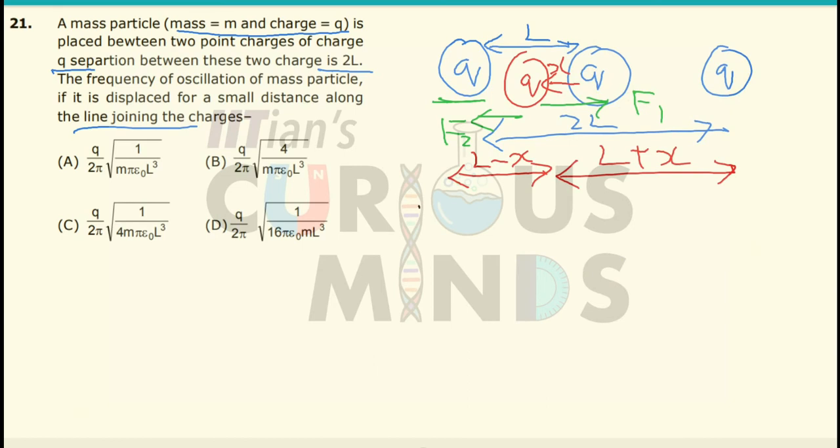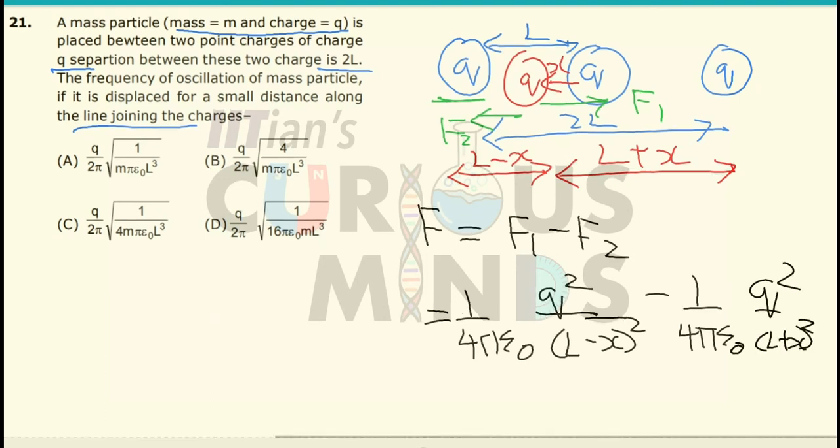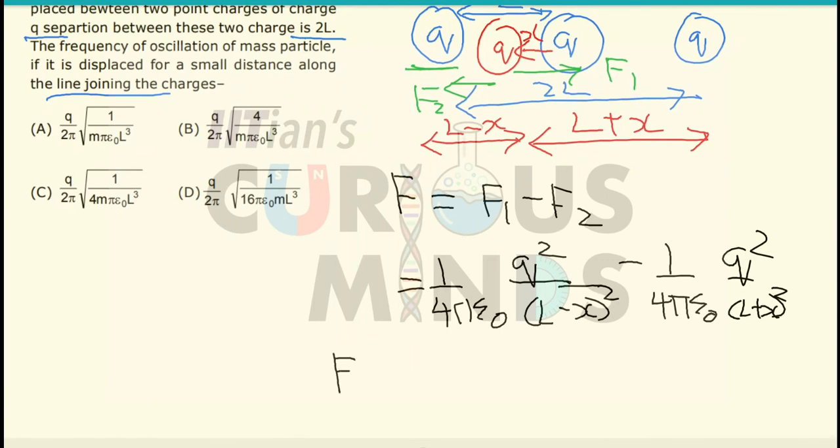So the total force acting on the particle will be equal to F1 minus F2, that is equal to 1 by 4 pi epsilon naught, q square divided by (L minus x) the whole square, minus 1 by 4 pi epsilon naught, q square divided by (L plus x) the whole square.